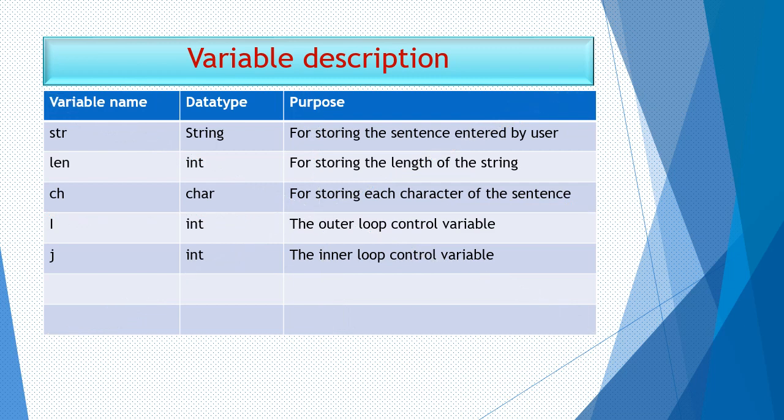So these are the variables used in the program. str for storing the string entered by the user, len for storing the length of the string, and ch for storing each character of the string. I is the outer loop control variable, and j is the inner loop control variable.